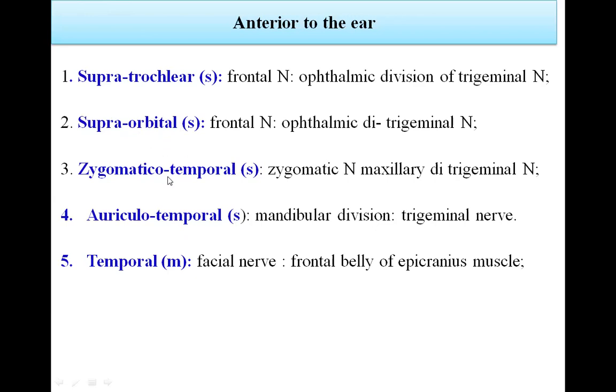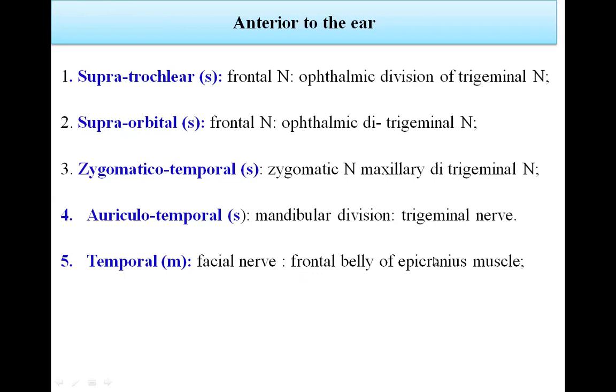These are sensory nerves from the trigeminal nerve. The fifth one is the temporal nerve, which is the motor nerve, a branch of the facial nerve, and it supplies the frontal belly of the epicranius muscle.